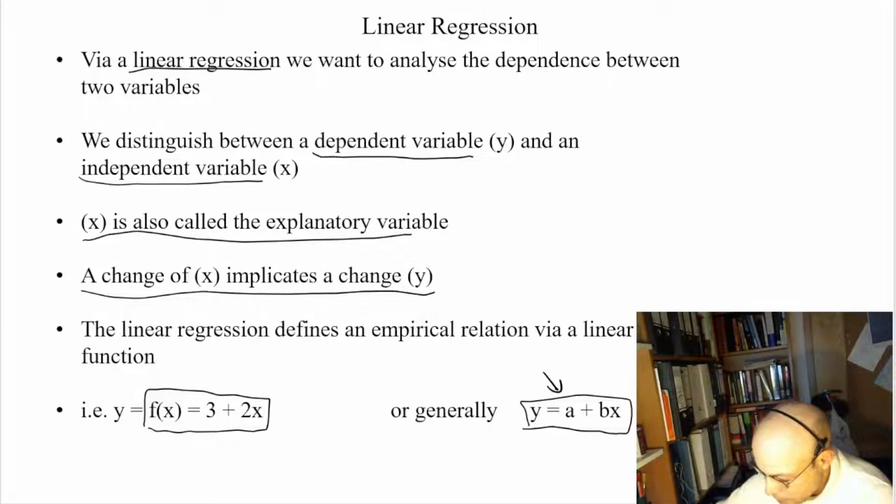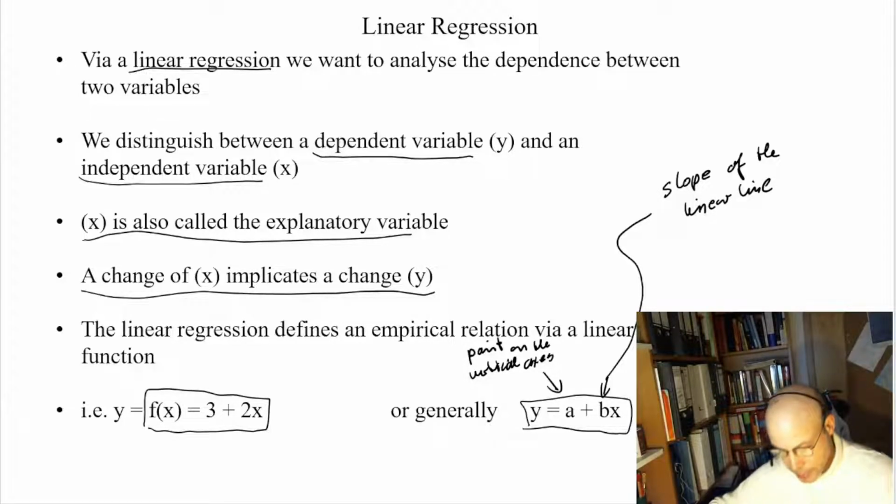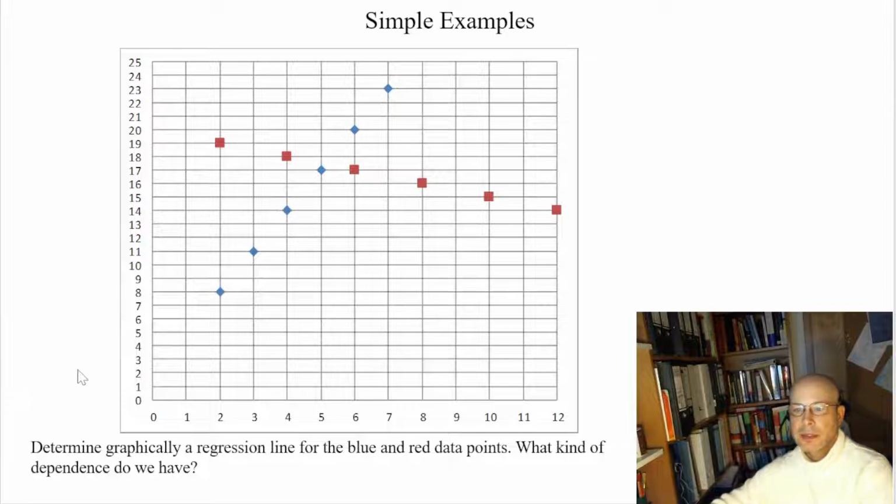And so this is the point on the vertical axis, and this is the slope of the linear line. And well, let's have a look at some data.